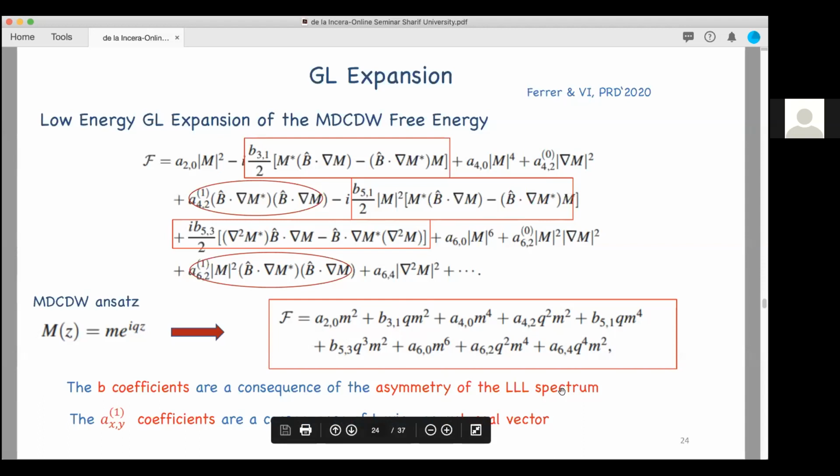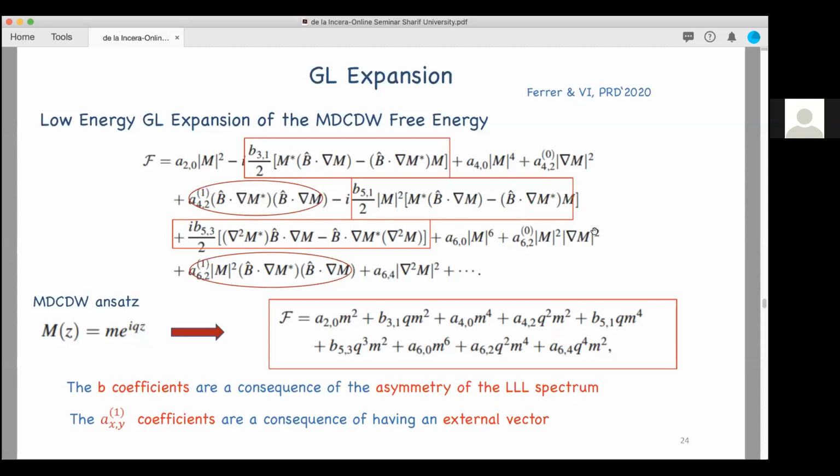Yes? Sorry, I wanted to ask what is the relation between, for example, A4N2 and A42 with a superscript of 0 and 1? Okay, yes.